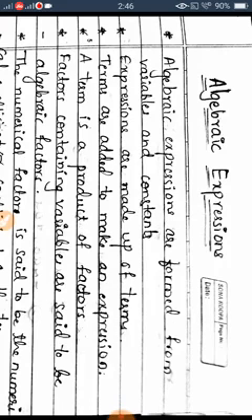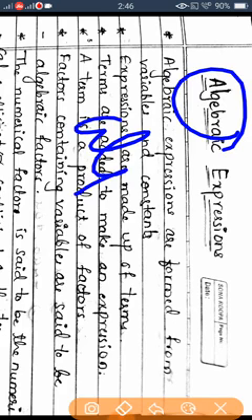See here, algebraic expressions you have studied before also. Algebraic means it indicates the alphabets. It includes the alphabets here.